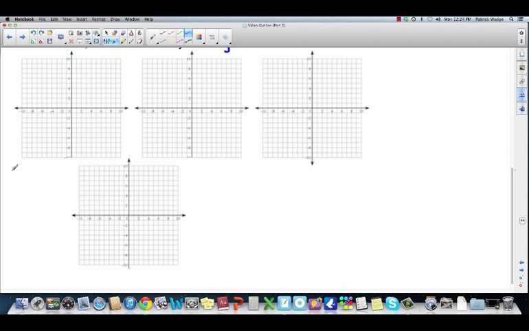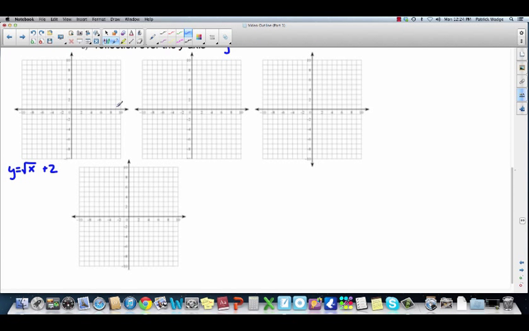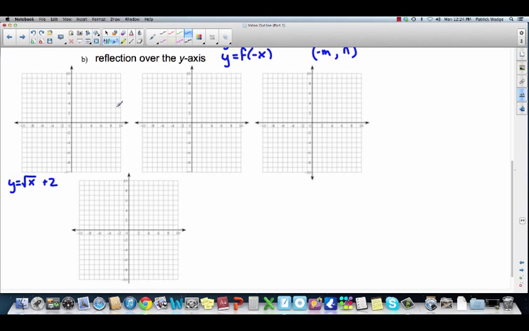So let's start by graphing y equals the square root of x plus 2. What you want to do first is graph the mother function. So the mother function is just y equals the square root of x. What's that look like? If you don't remember, look back at our mother function page, just on the last page. It goes through 0, 0, it goes through 1, 1, it goes through 4, 2, and it goes through 9, 3.